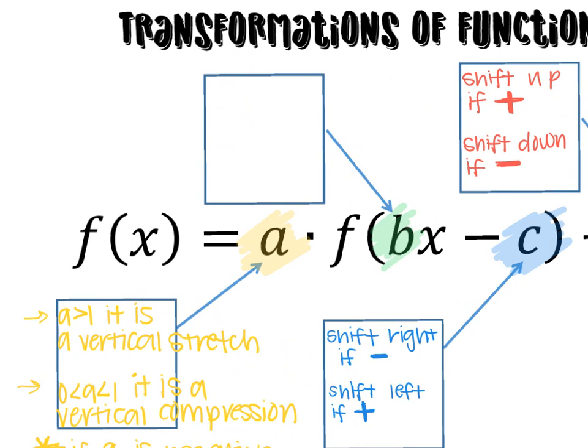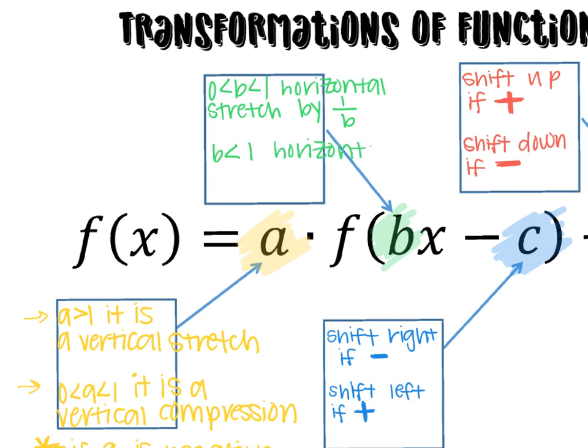So if B is between 0 and 1, it is a horizontal stretch by 1 over B. If B is greater than 1, it's a horizontal compression by 1 over B. And again, with these you're taking the reciprocal.